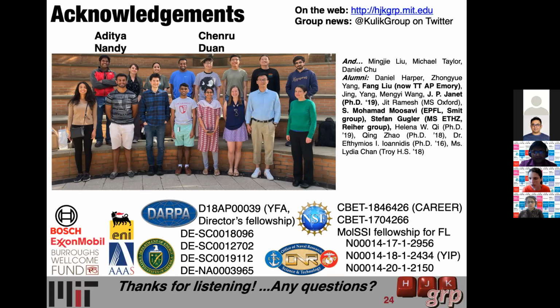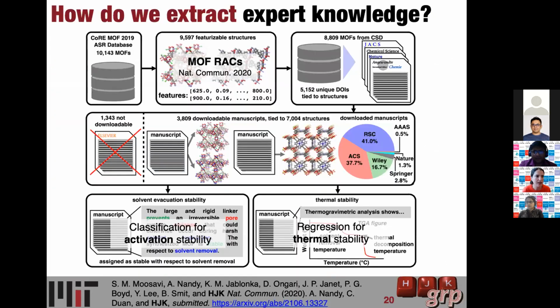So I don't know what you mean. For instance, on this slide, another group, a group of people originating from Randy Snurr and Berend Smit, took a piece of the Cambridge Structural Database and used that to represent the experimentally synthesized metal organic frameworks that have been known and characterized crystallographically. Is that what you're referring to?